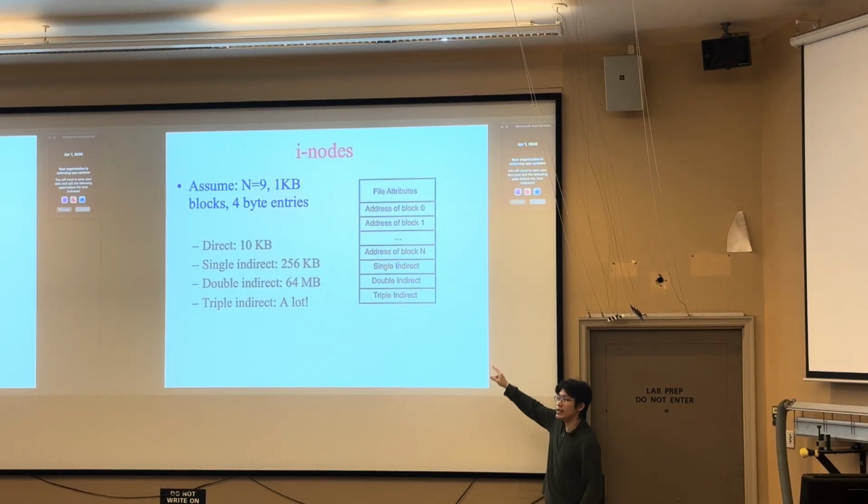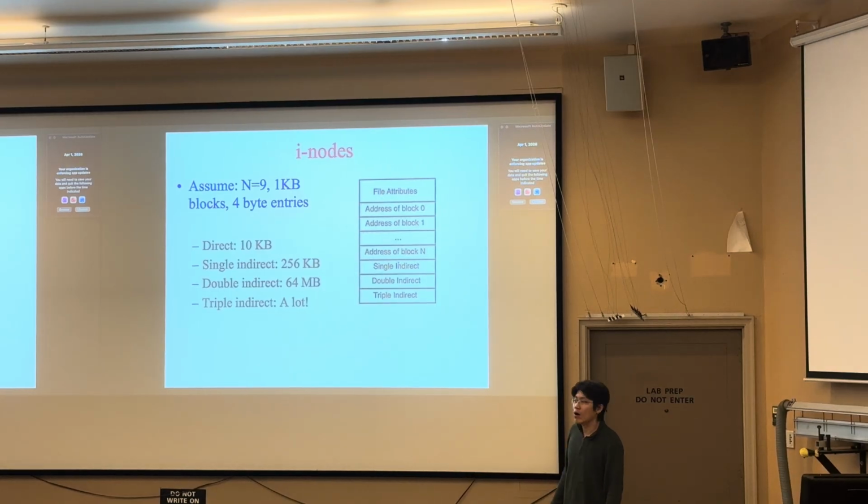Double indirect means there are 2 layers, so the next immediate layer is still an indirect block. This is how you can use a small table to store all the blocks that belong to one file.